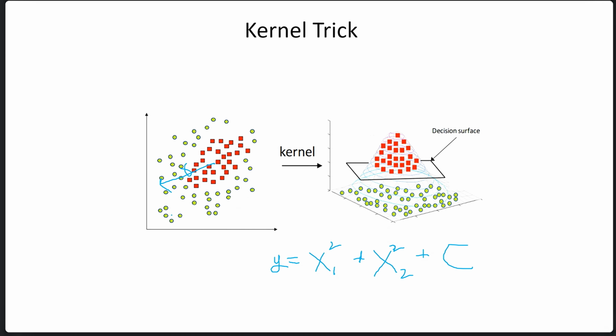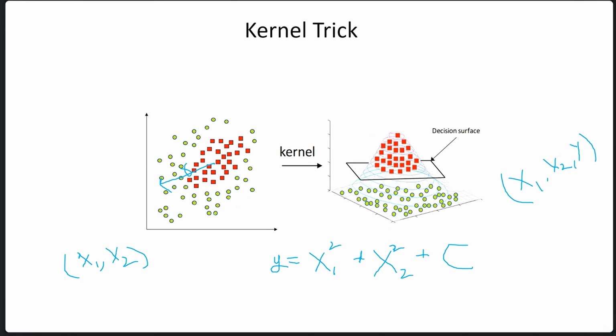So for the points which are initially x1 and x2, we're basically applying this equation and converting them into x1, x2, and y, right? Where y is defined by this equation.